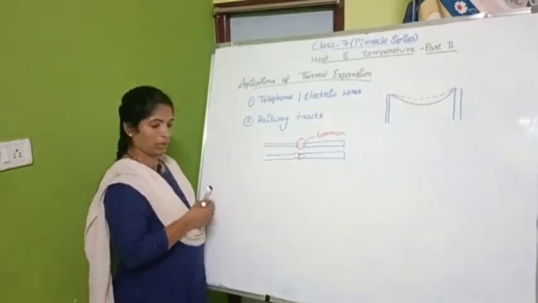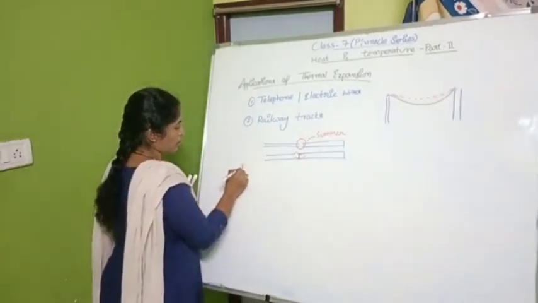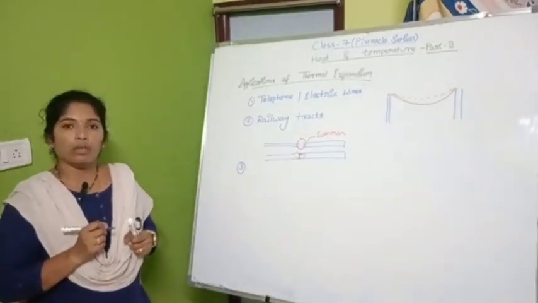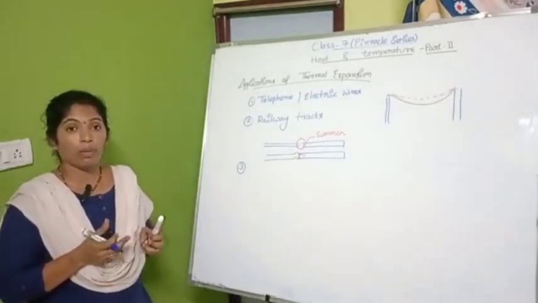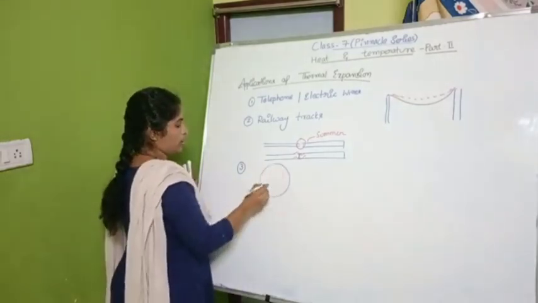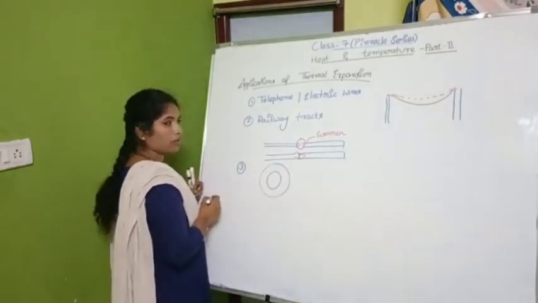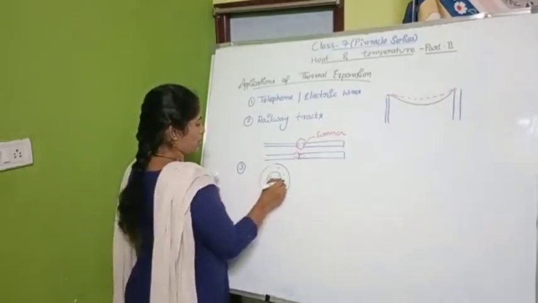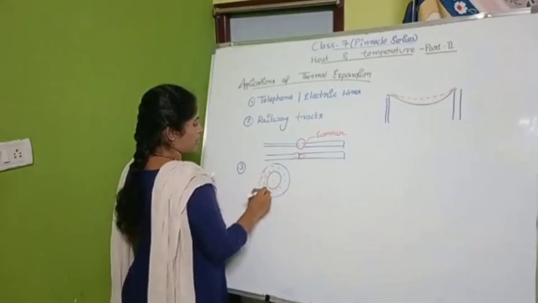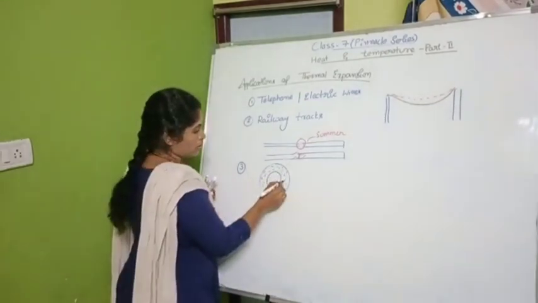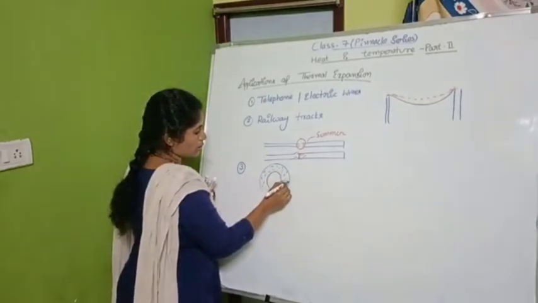And the third application is, have you observed your vehicles? In summer season there can be a blast, because in your vehicle tire we fill the air, right? If the temperature is increased, gases will expand.